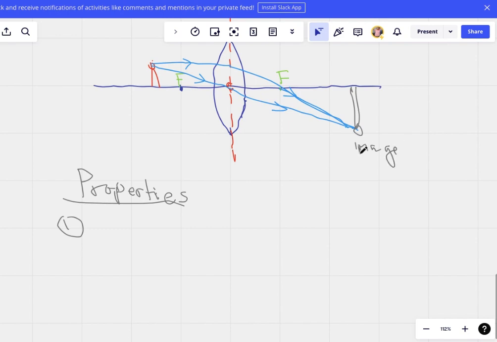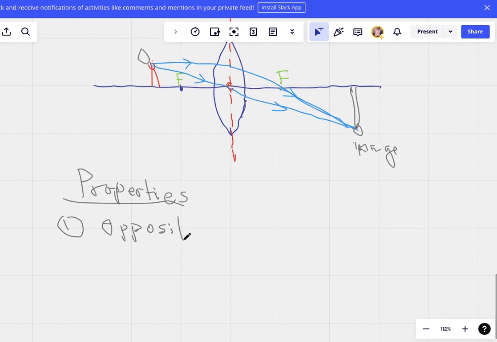So number 1, we write opposite side. The image and the object will be on the opposite side of the lens. Opposite side, not on the same side. So you can see the object is on this side, this is O, object, and this is the image.